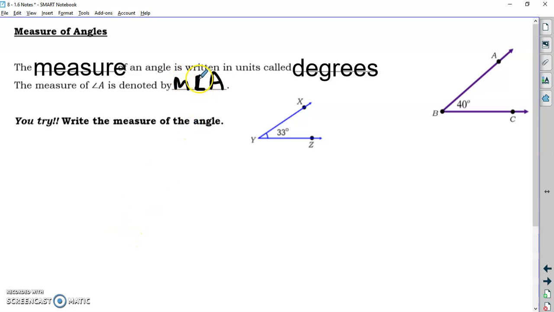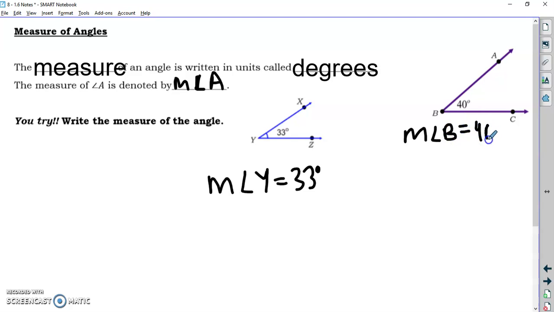It's an angle, and it's flat here. So write the measure of this angle. There's multiple different ways we could name this angle, but the most simple way is by naming it by its vertex. So we'll say angle Y is 33 degrees. Over here we have the measure of angle B, so we named it by its vertex, is 40 degrees.